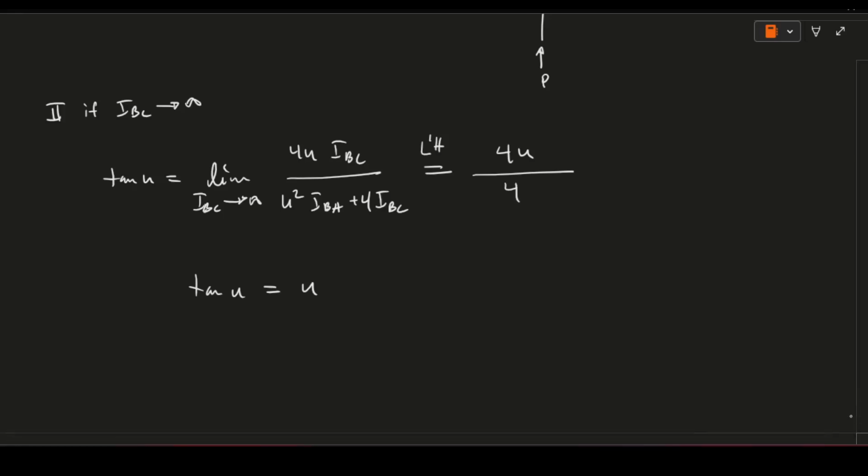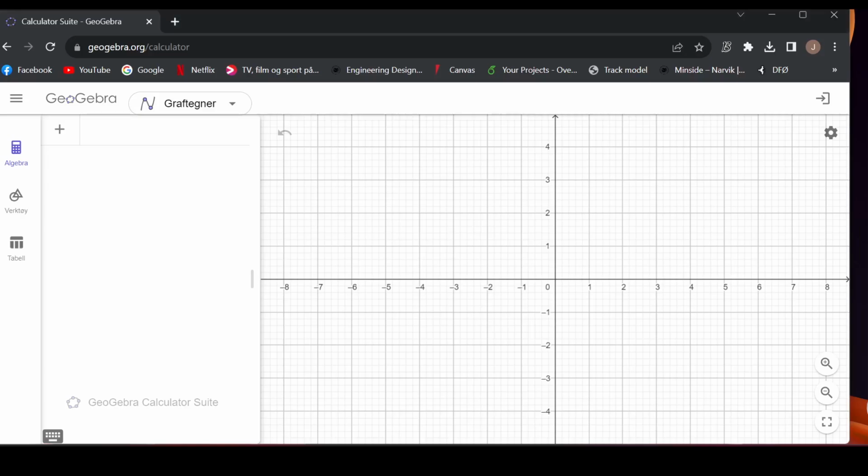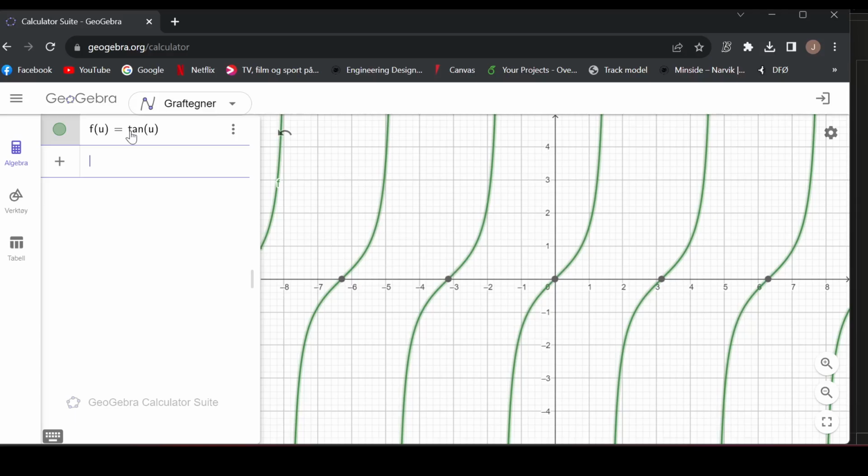Okay, this we can use a graphic calculator to solve. I'm going to use GeoGebra. You can use some other graphics calculator. We define f of u equal to tangent u and g of u equal to u.